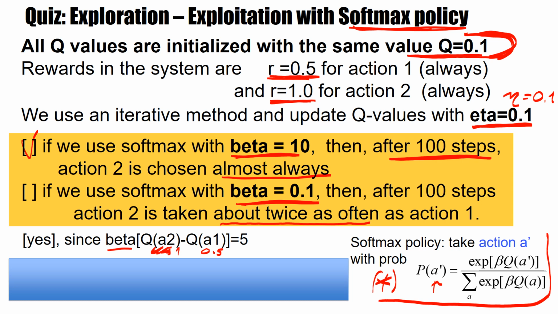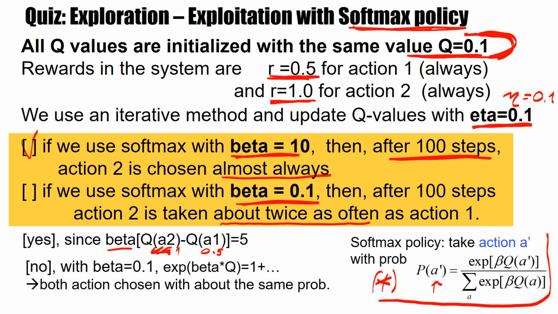Now for the second one, it's a bit more complicated. We have beta equal 0.1. Again, we have 100 steps, so we can assume Q of A2 minus Q of A1 is 0.5, but then we multiply with 0.1, so we get a very small number. e to the 0.05 is a small number.